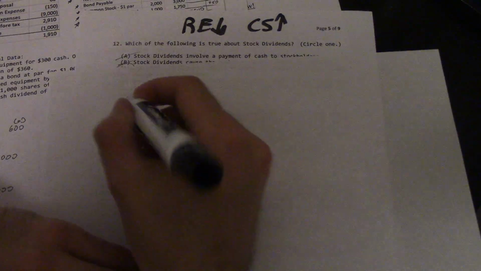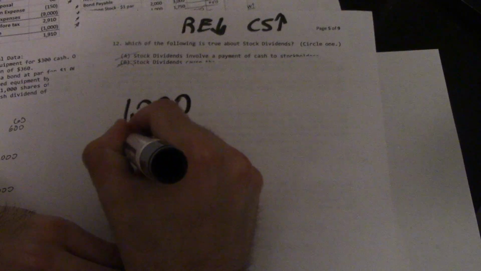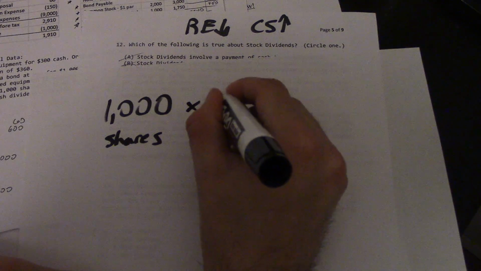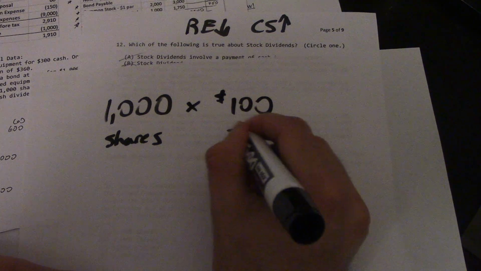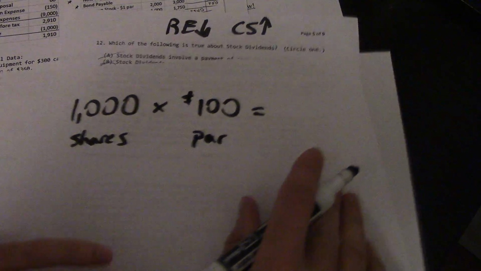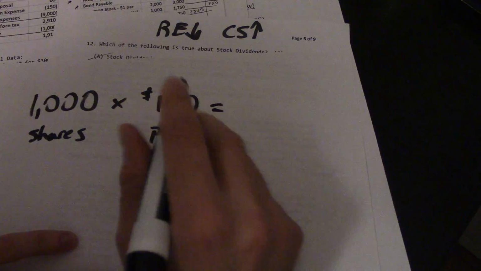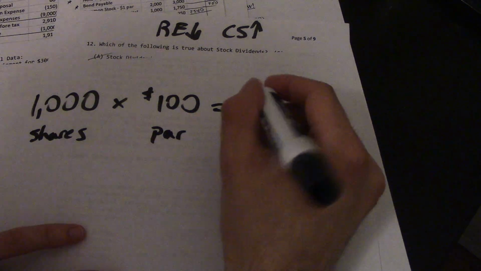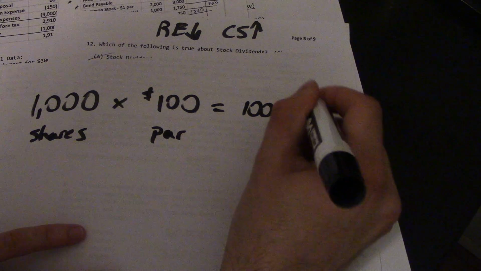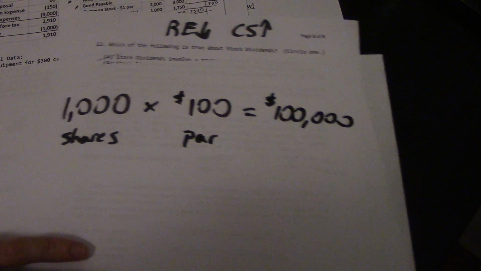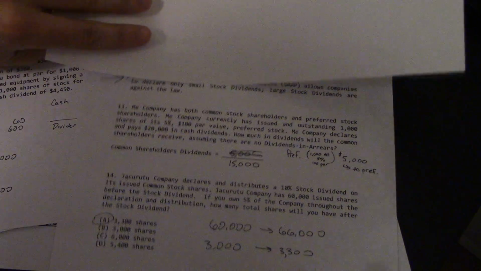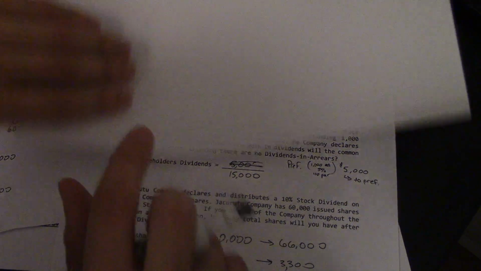We've got 1,000 shares of preferred stock at a par value of 100. Therefore, the total value of our preferred stock is $100,000. And it says we've got a 5% preferred stock.